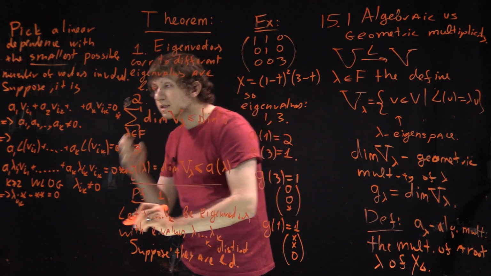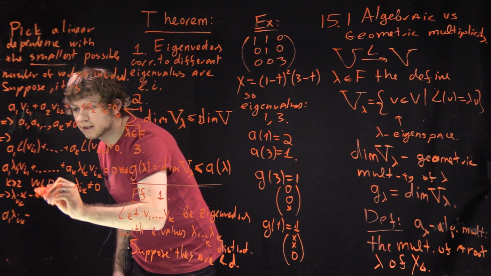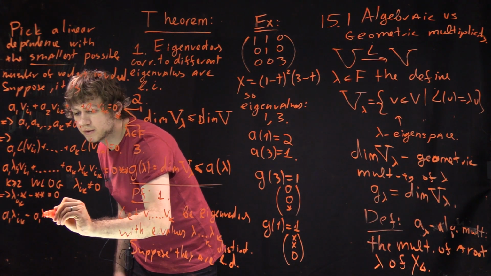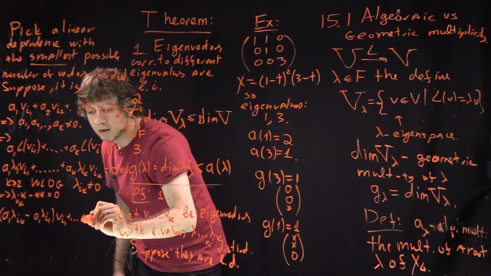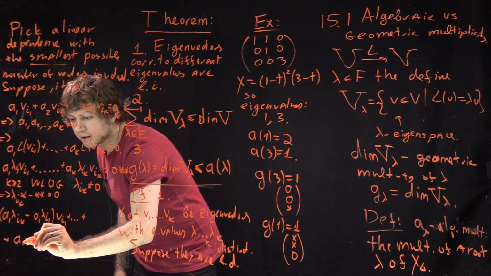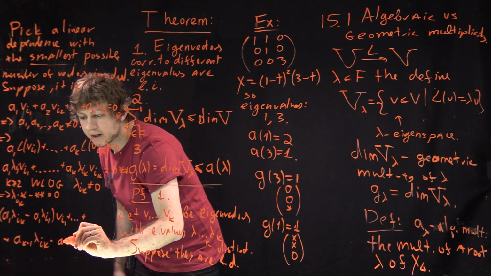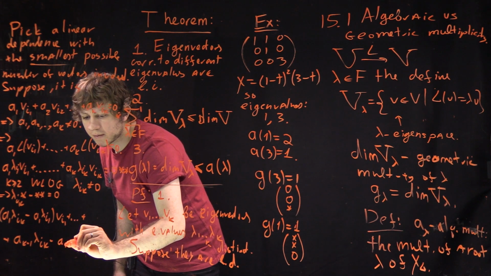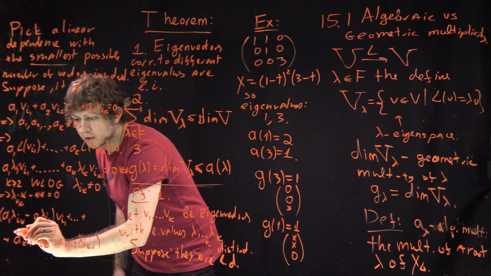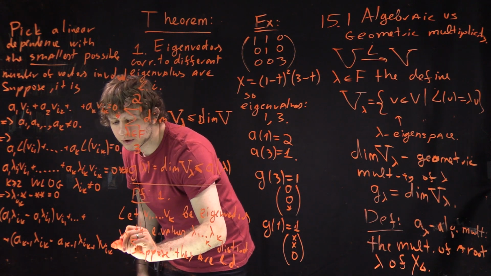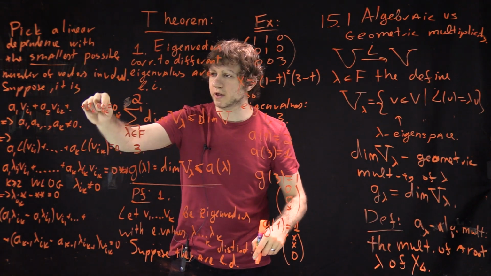And what it means is that a1 (lambda_ik minus lambda_i1) v_i1 plus and so on plus a_(k-1) (lambda_ik minus lambda_i(k-1)) v_i(k-1) equals 0. Of course, I did it not randomly, I did it so that the last term disappears completely.